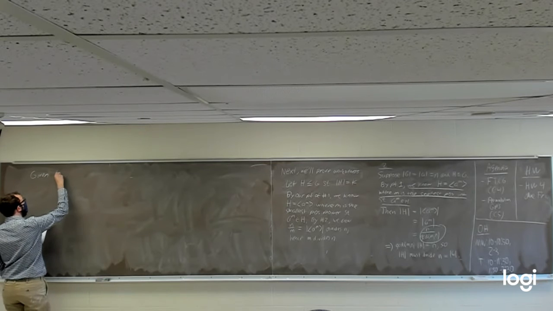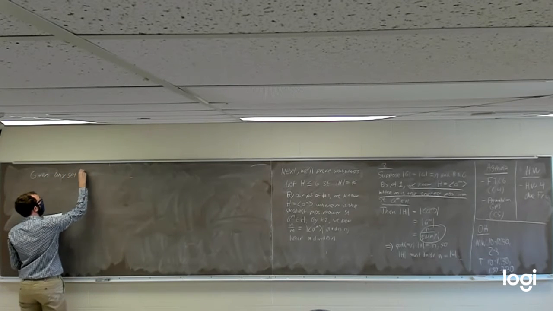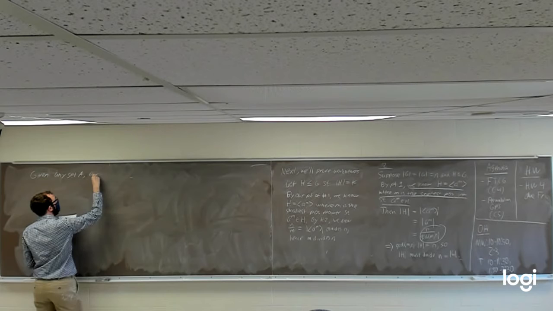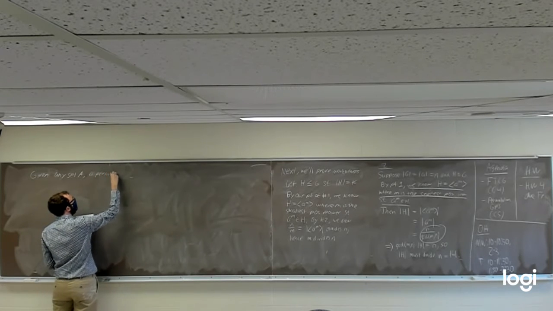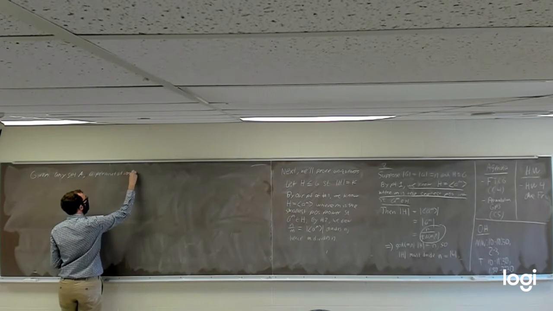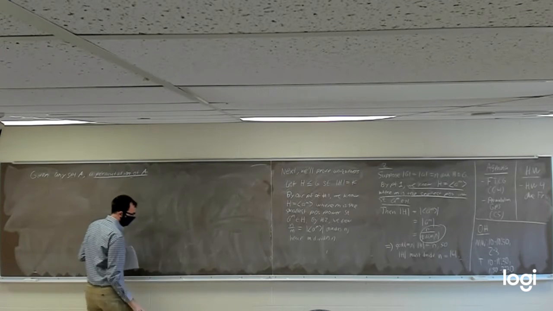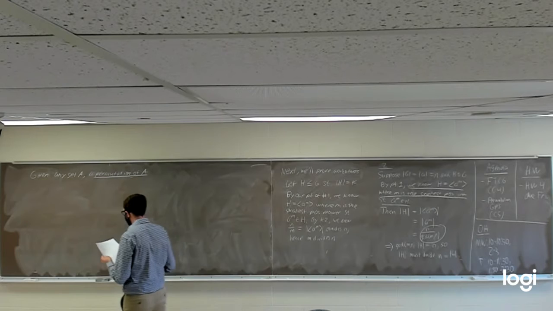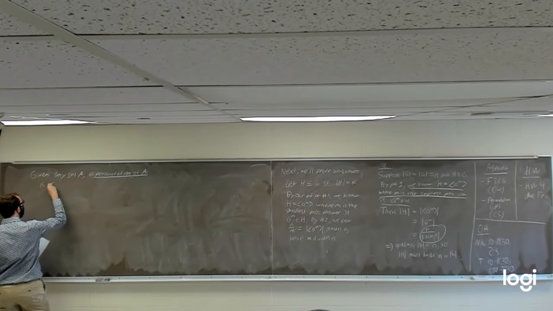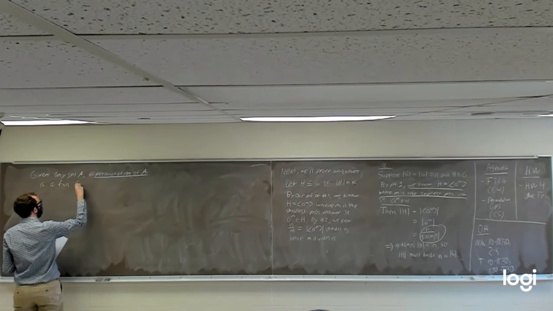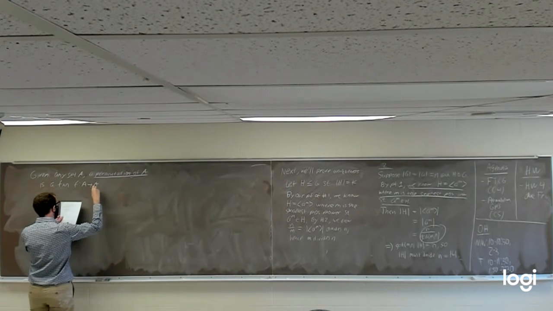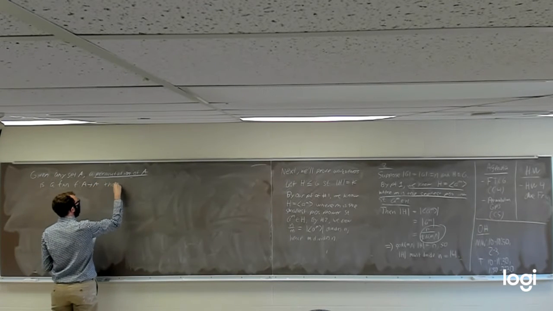So, given any set A, we're going to say that a permutation of A is a function f that goes from A to A that is both one-to-one and onto.